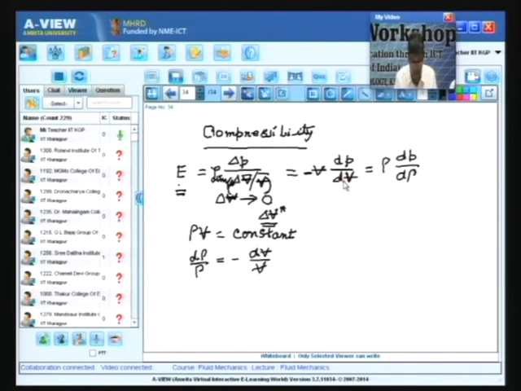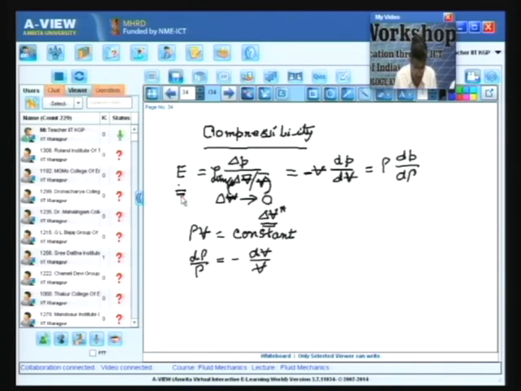Now, after this mathematical definition, it is clear that if the bulk modulus of elasticity is very high for any material, then what will it indicate? For a given value of pressure change dP, the value of dV or d rho is extremely small. That means those substances are virtually incompressible, less compressible, their compressibility is very low.